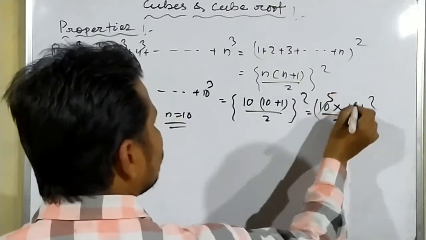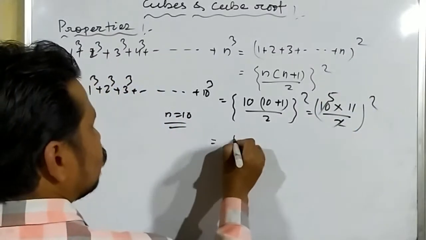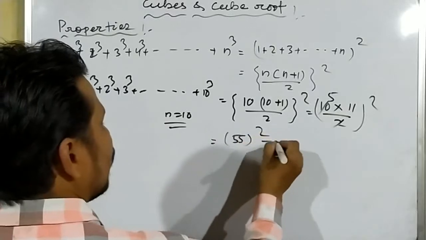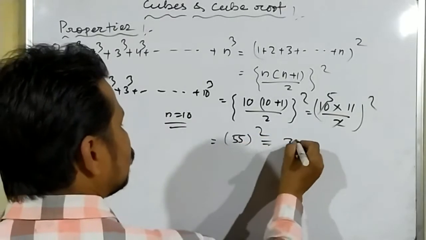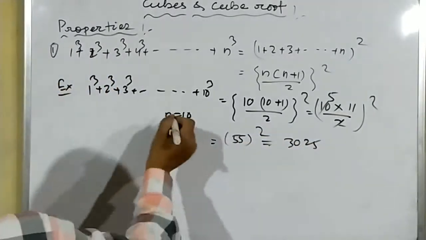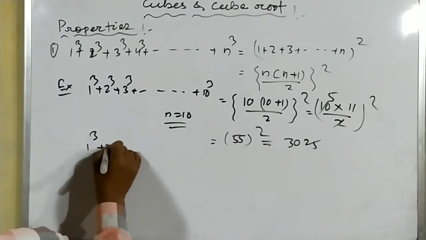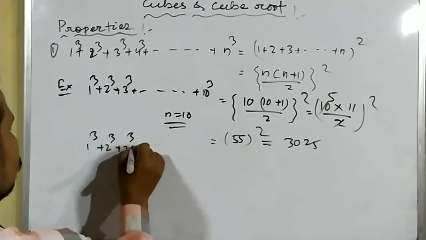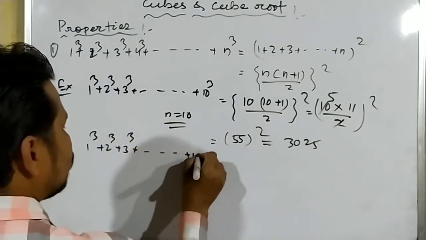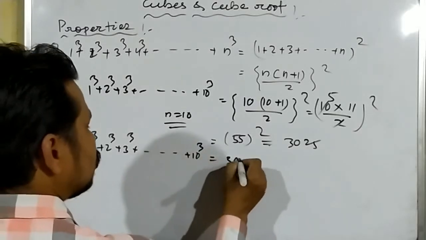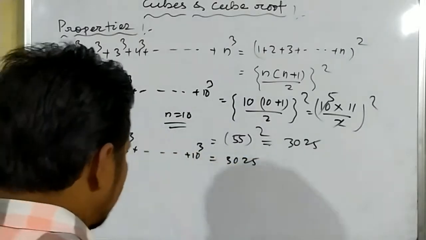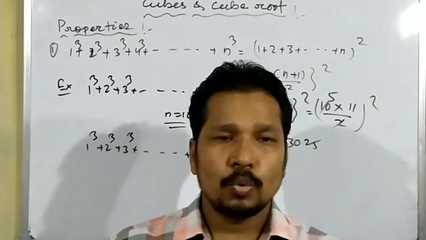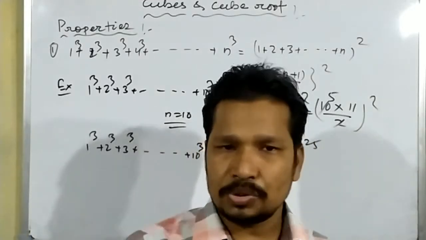The 2 cancels, this is 5, so the result is 55 whole square, and the final result is 3025. So 1 cube plus 2 cube plus dot dot dot plus 10 cube is equal to 3025. By using this formula we can do this type of questions.